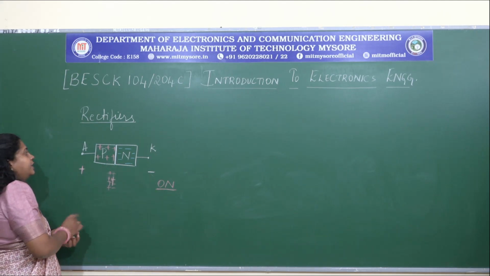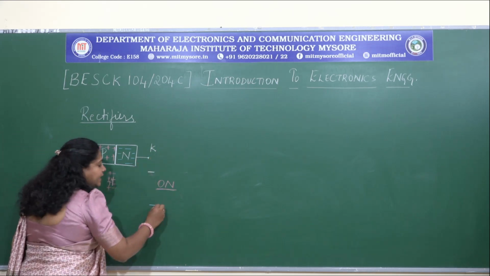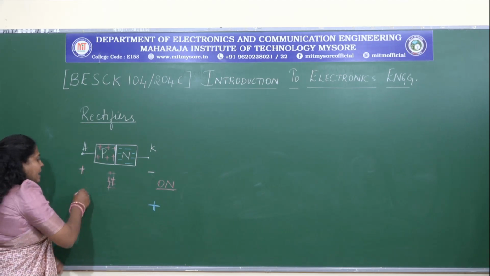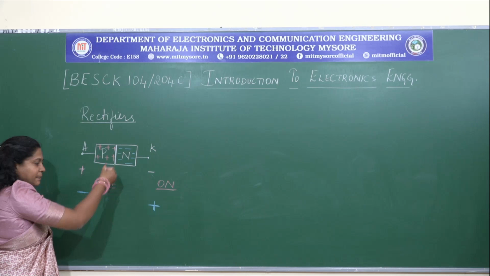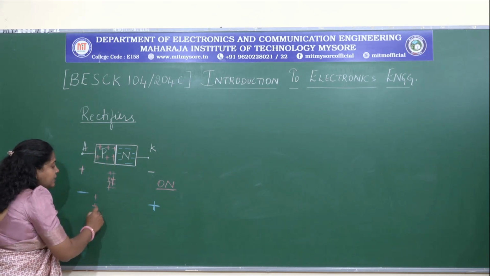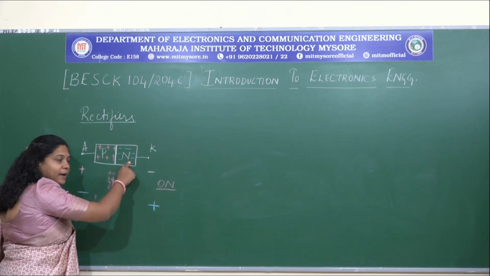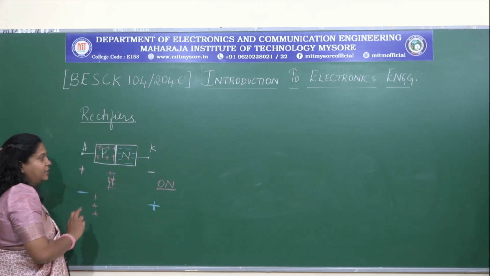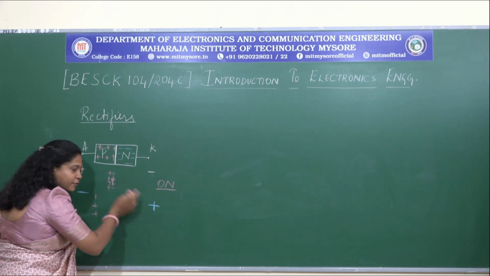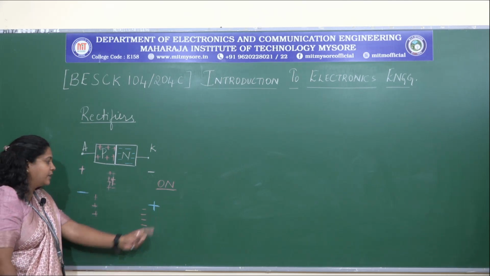Similarly, when we give the opposite potentials, with the anode connected to negative potential and the cathode connected to positive potential, what will happen? Holes are present, and with the negative potential there is a property of attraction, so the holes tend towards this negative potential. Similarly, negative electrons are present in the N region and we are applying a positive potential there, so there is a force of attraction and all the electrons tend towards this positive potential.